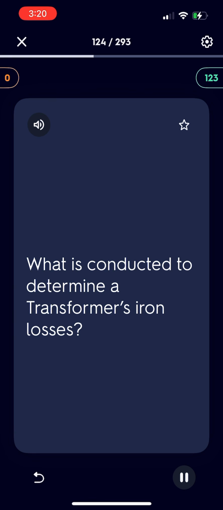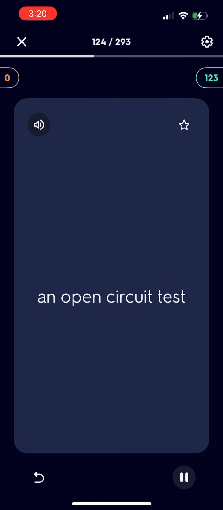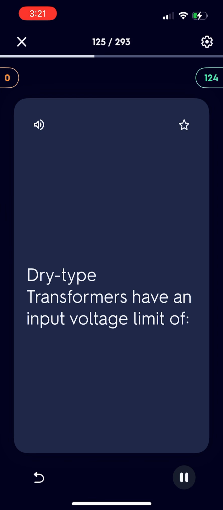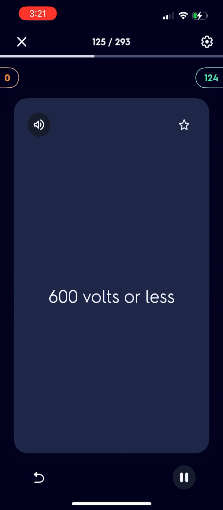What is conducted to determine a transformer's iron losses? An open circuit test. Dry-type transformers have an input voltage limit of 600 volts or less.